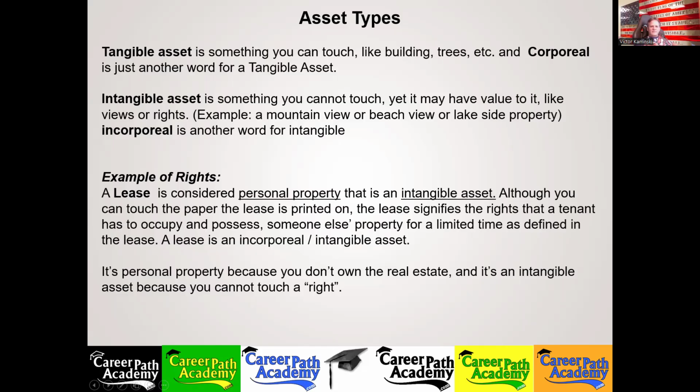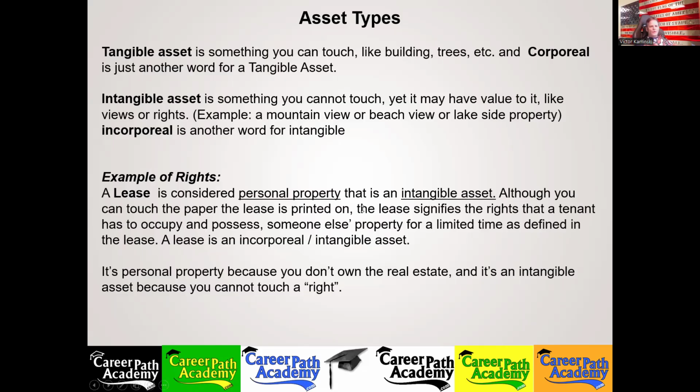A lease is considered to be personal property. Why? Because you don't own real estate. So the lease is considered your personal property. That is an intangible asset because a lease symbolizes your rights to occupy someone else's property for a limited period of time as defined in the lease.